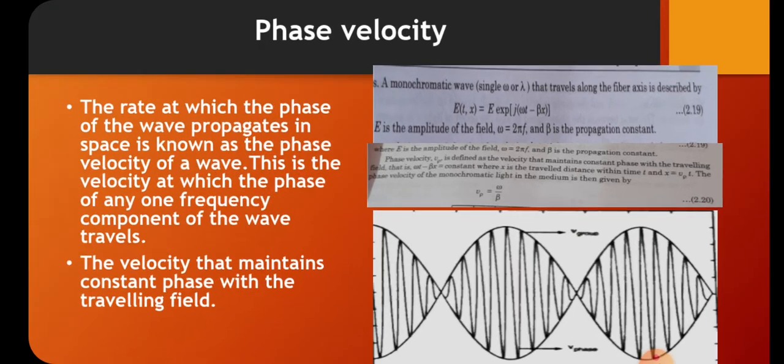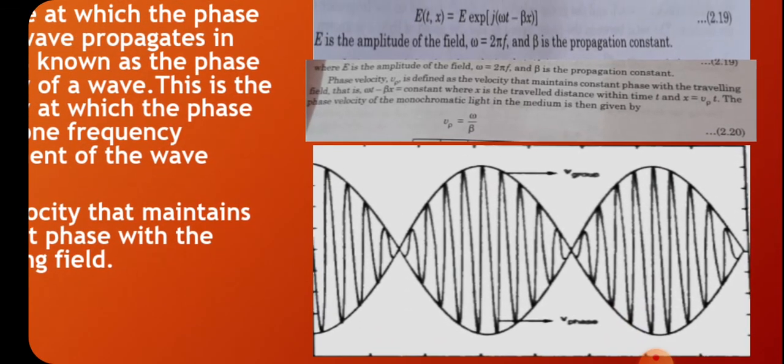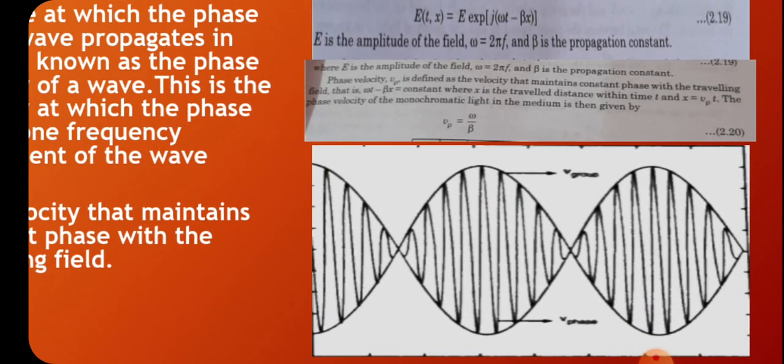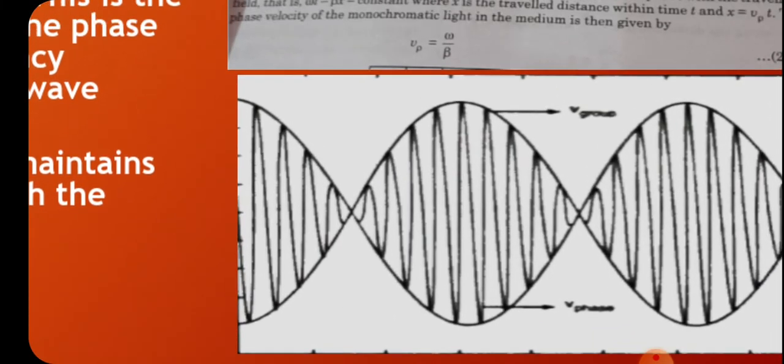A figure shows an amplitude modulated wave, and in that figure the modulation envelope is shown, and also the carrier wave is shown there. You can see that at the lower part we marked it as V phase. That means the phase of that carrier wave and the phase of the modulated envelope are the same.